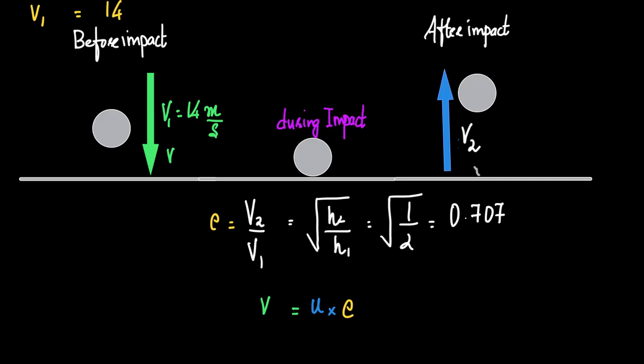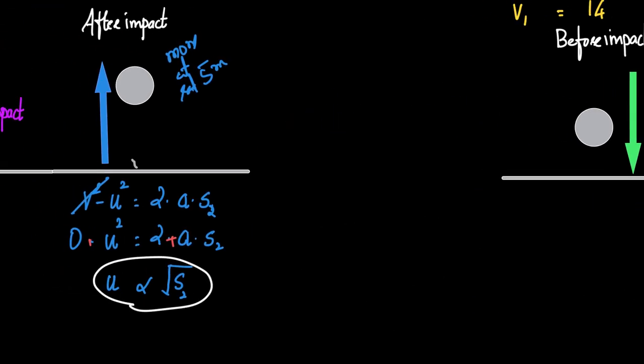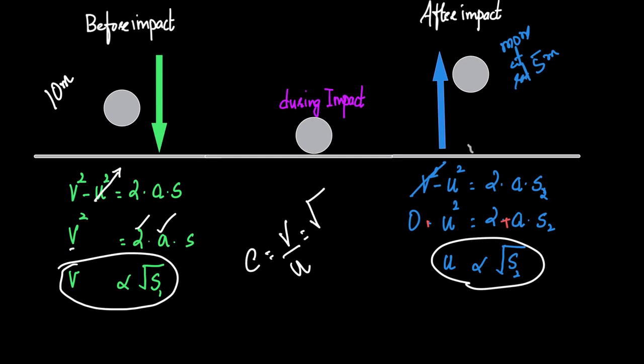So what can we write v2 as from here? v2 can therefore be v1 times e. But we just found out that these are proportional to the root of the height.